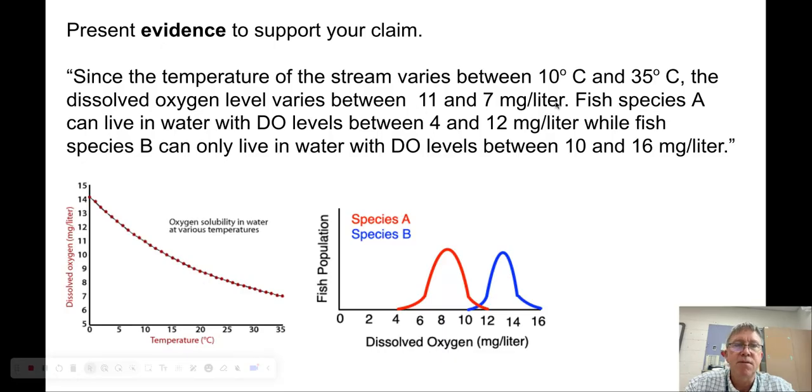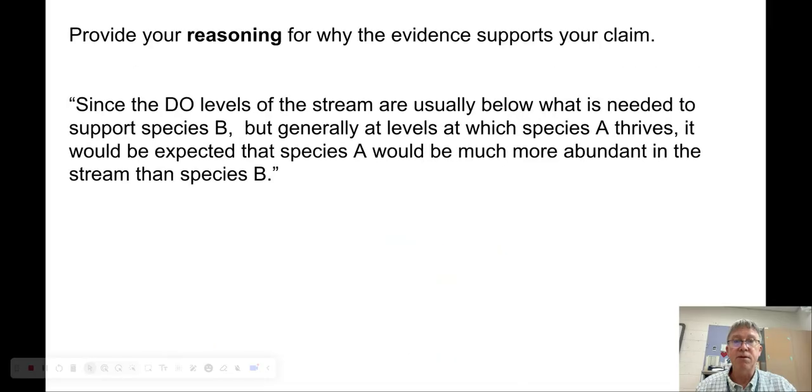So that's what I put here. Then I said fish species A, from this graph here, I can see can thrive in DO levels between 4 and 12, while fish species B can only live in water with DO levels between 10 and 16. So I basically just told you this is the evidence that I looked at that was relevant to the prompt.